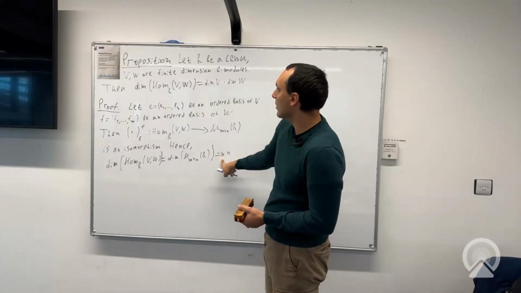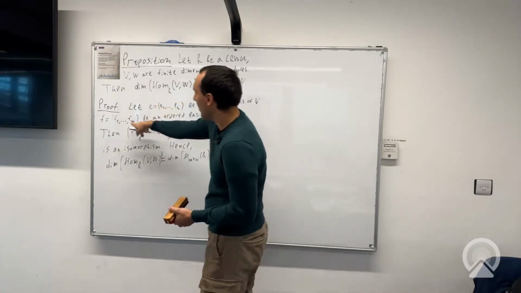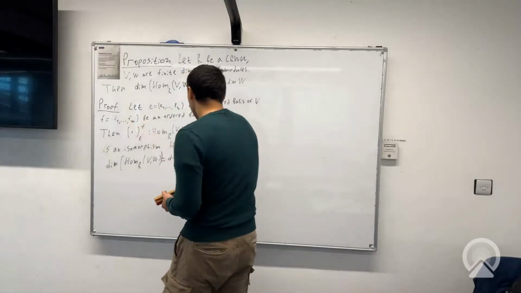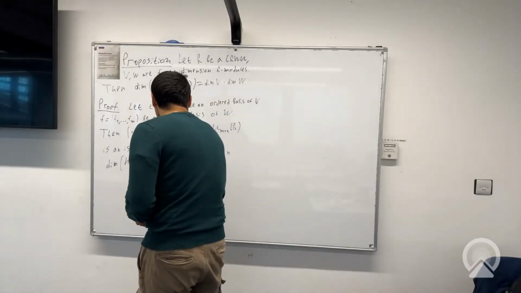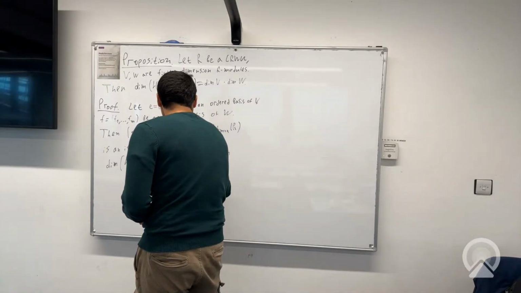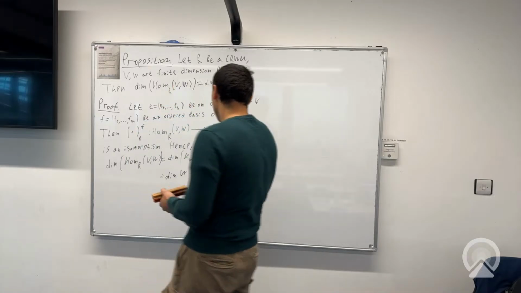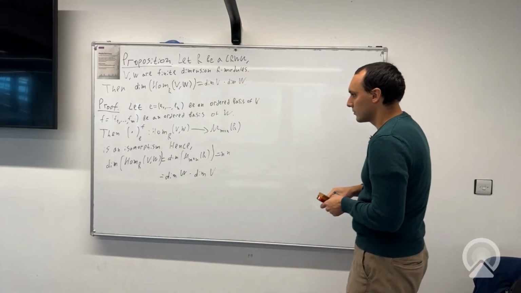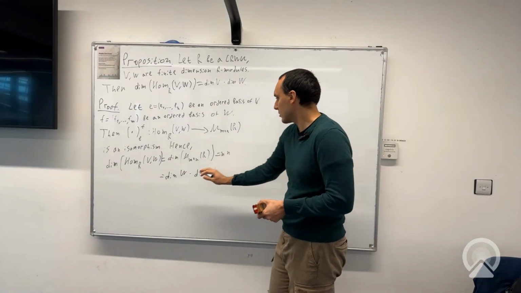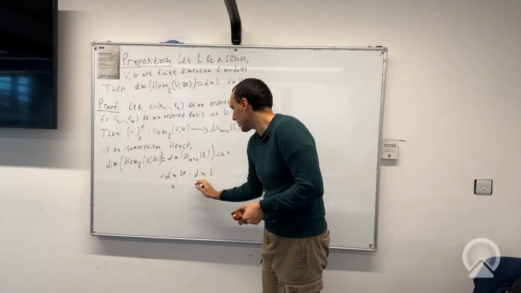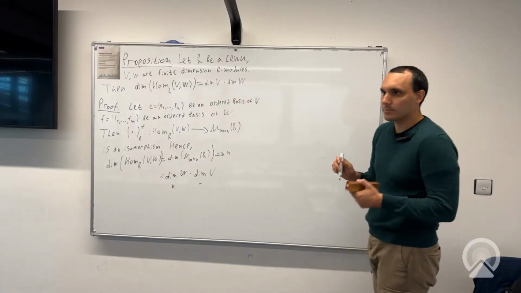But m is the number of elements in the basis of W, so this is the dimension of W times the dimension of V, and n is the dimension of V.